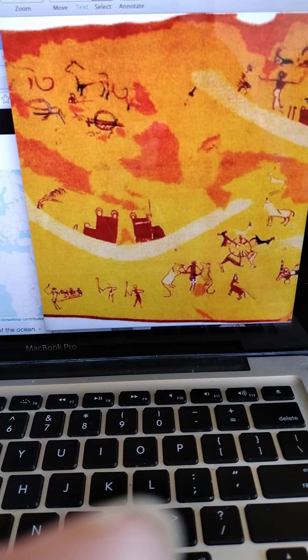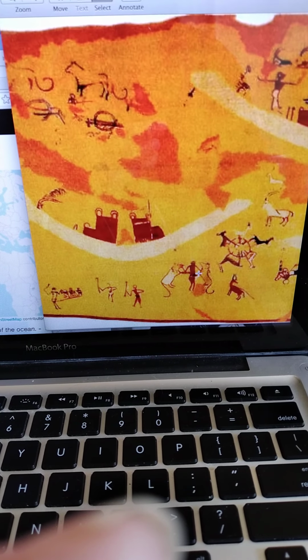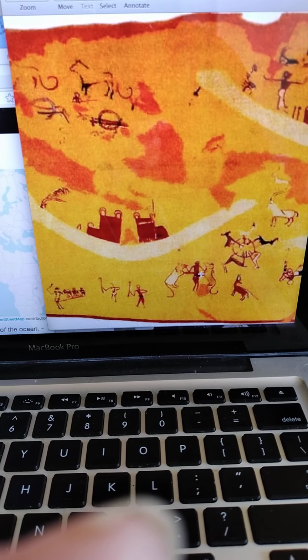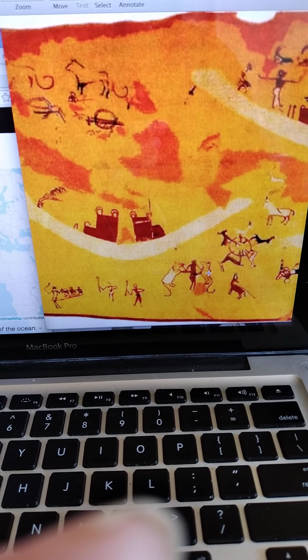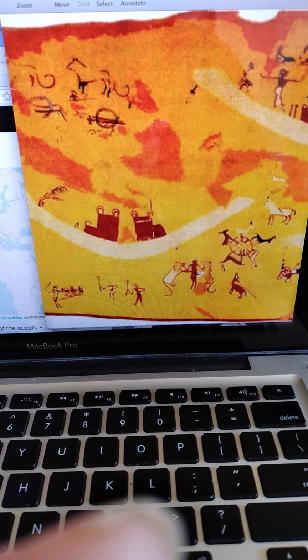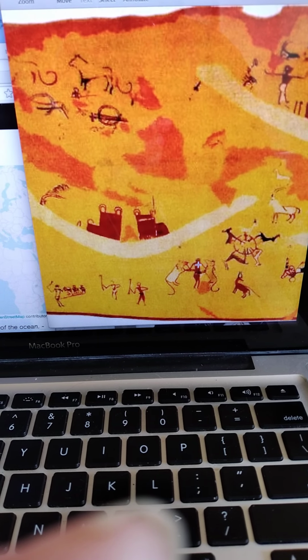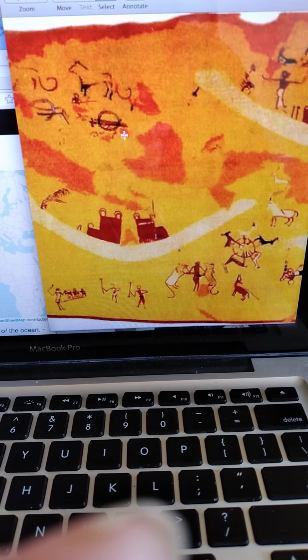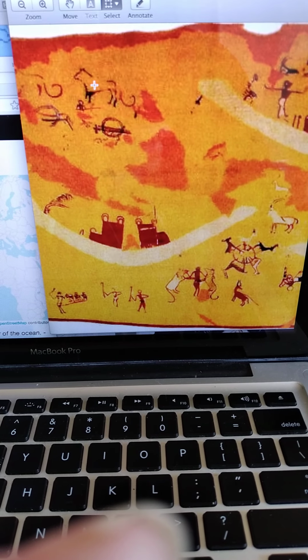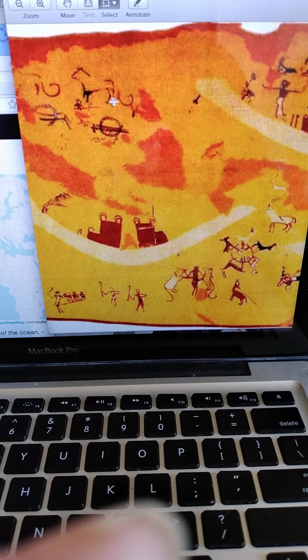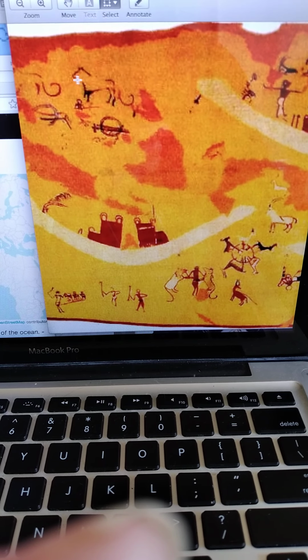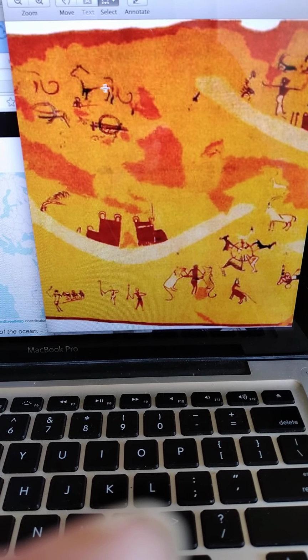This character, I'm not really sure. It seems like it might overlap with Venus, but it could be something terrestrial. And these, for instance, could be like Ursa Major, potentially.